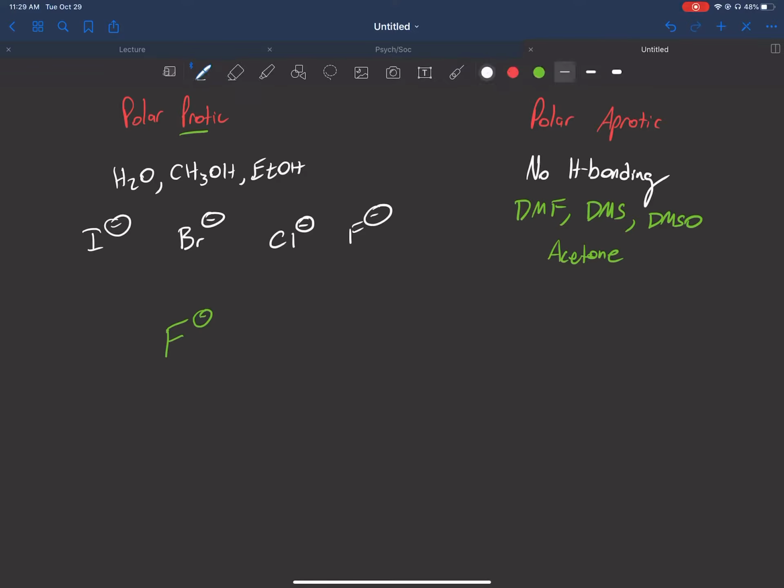Now let me draw that better. Okay, so we have water here, right? It's surrounded by water molecules. Right? So remember, hydrogen bonds form between hydrogen and an electronegative atom, usually oxygen, nitrogen, fluorine, right?